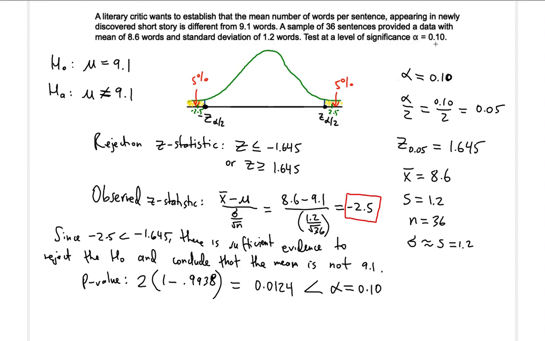At this level of significance, 10%, the null hypothesis must be rejected, right? So we can say sufficient evidence to reject the null hypothesis at the 10% significance level.